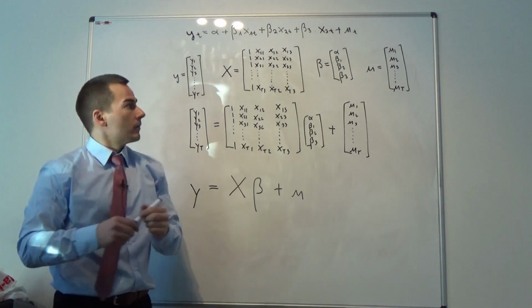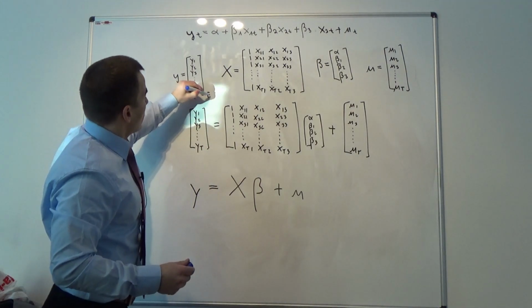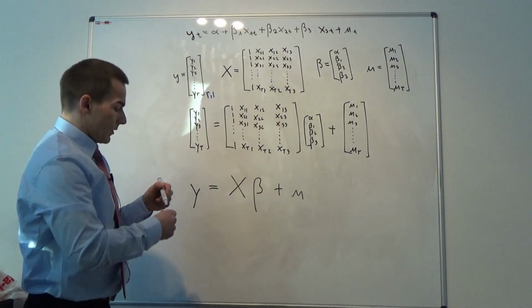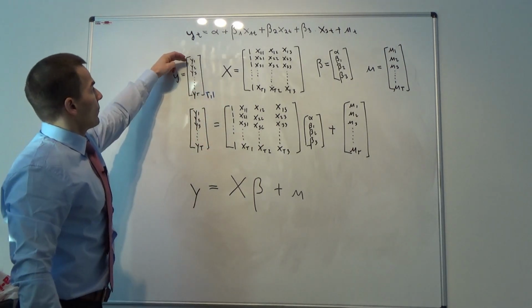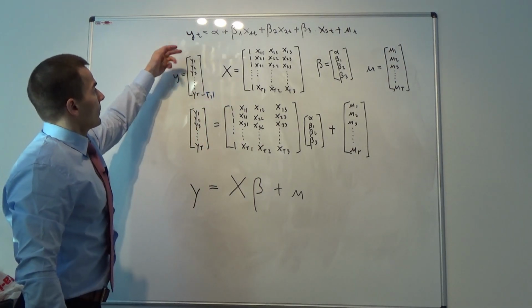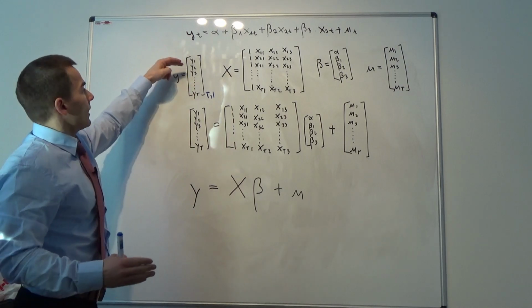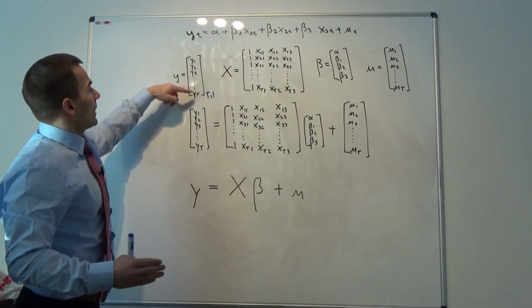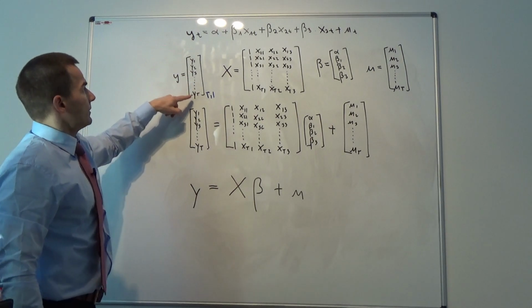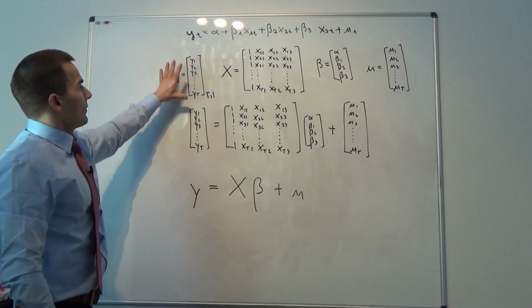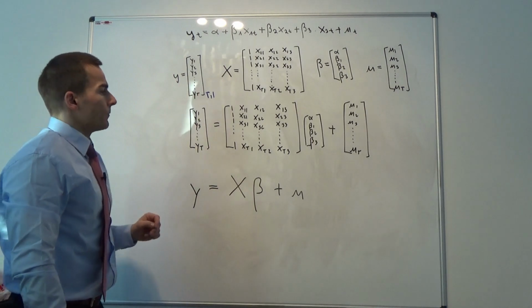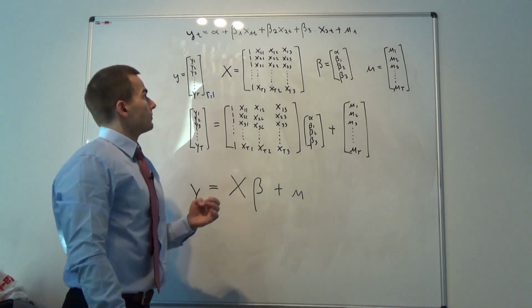So the dimension of our vector is T×1. We put in here the first observation of our dependent variable, second observation, third observation, until our last observation, capital T. So we have here a T×1 vector of the dependent variables.